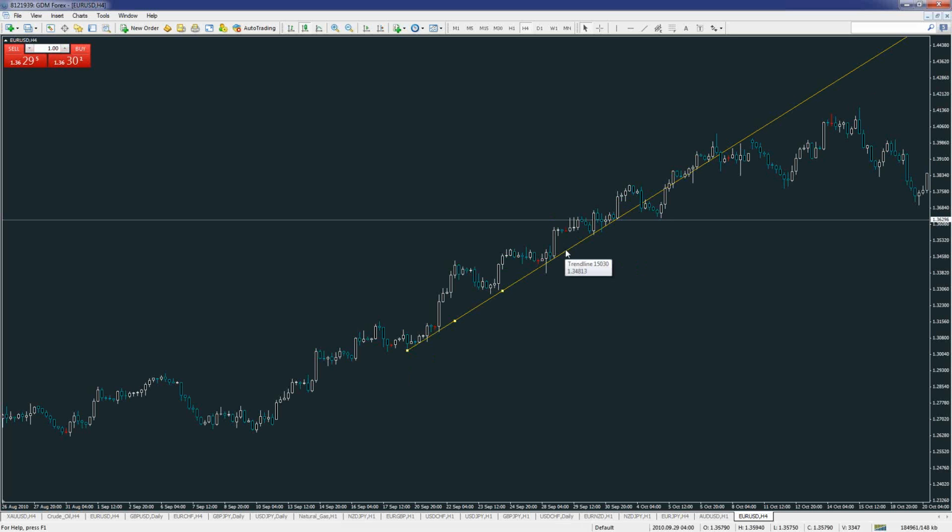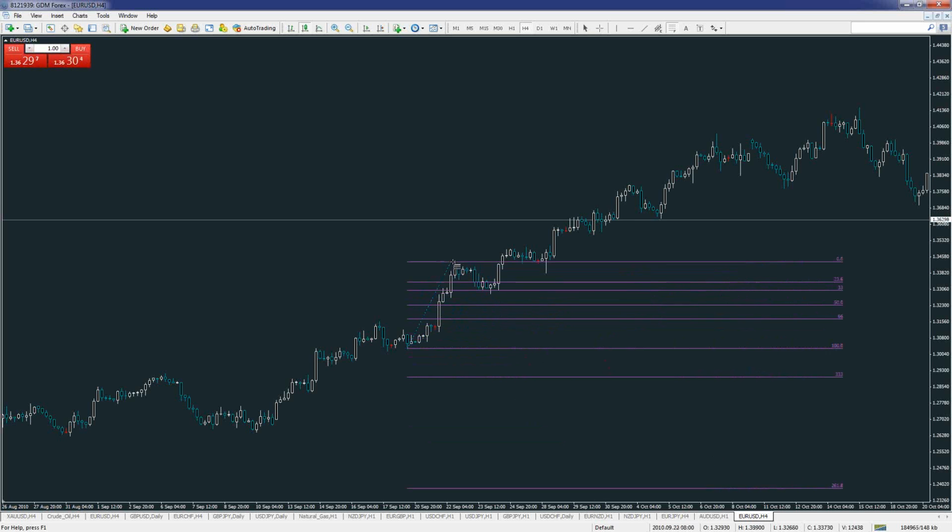Let's put it up, from our first low to our first high. The retracement here, ladies and gentlemen, is precisely 33% on the Fibonacci, which makes it a sustained trend. Not too steep, not too flat, a brilliant trend to follow.